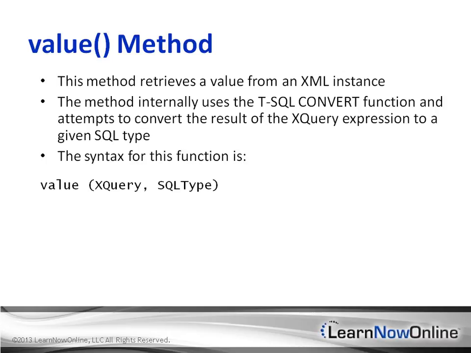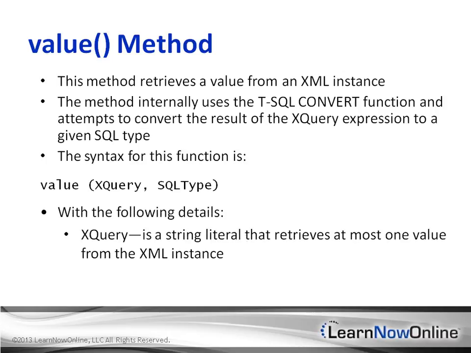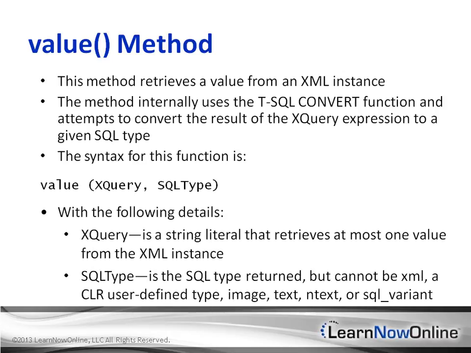The syntax is as follows, with XQuery being a string literal that retrieves at most one value from the XML instance. The SQL type is the SQL type returned, but it can't be XML. It also can't be a CLR user-defined type, image, text, ntext, or SQL variant.